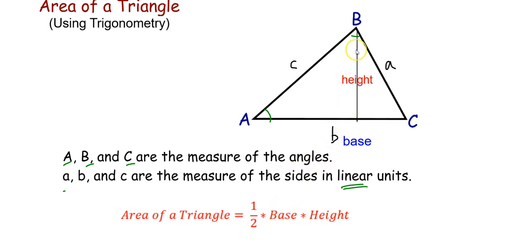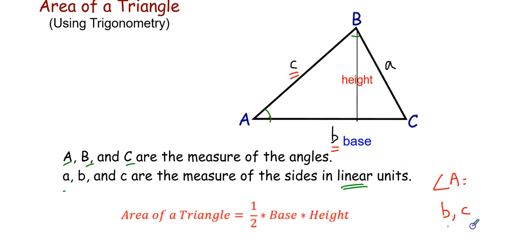But unfortunately, I don't know the height here. Height is not given. Let us say in this particular case, you are given only the measures of two sides of this triangle and the included angle A. That is, you know the measure of angle A, the side AC, which is equal to b, and the other side c is given.